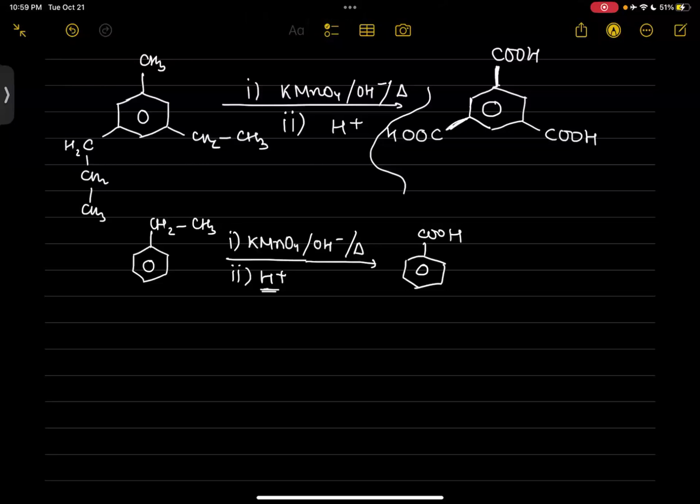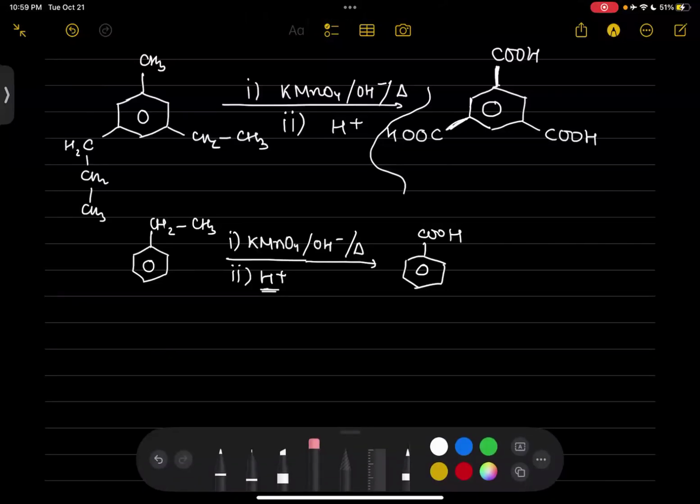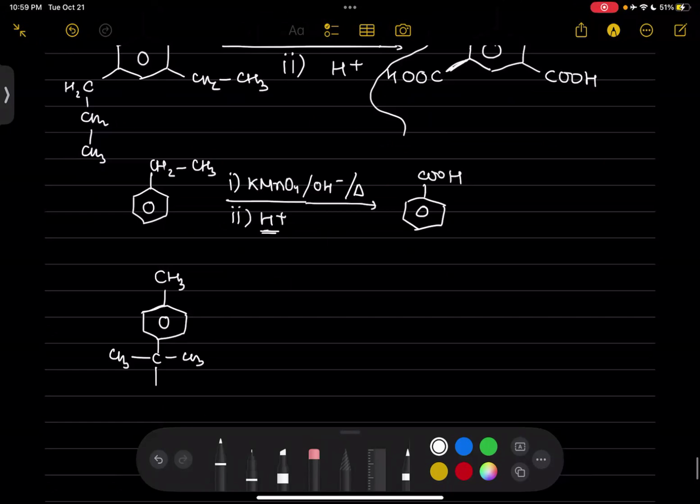Yes. Okay. So this is a very, very important method. But if you have a methyl group and a tertiary butyl group, methyl, ethyl, or any group on this, and if I oxidize it, what will happen? Carboxylic acid.